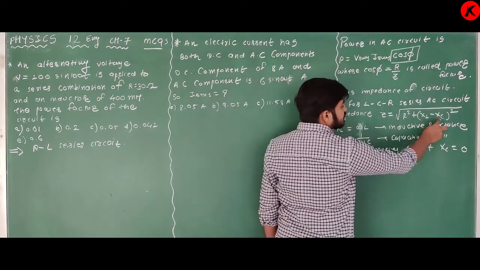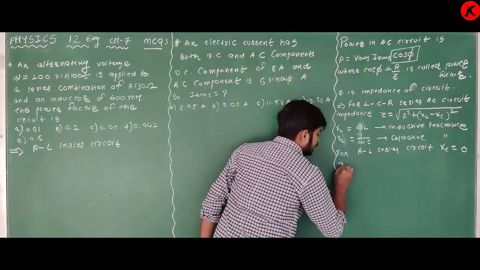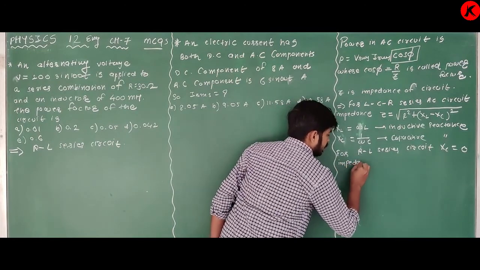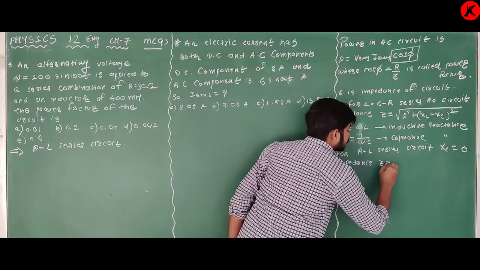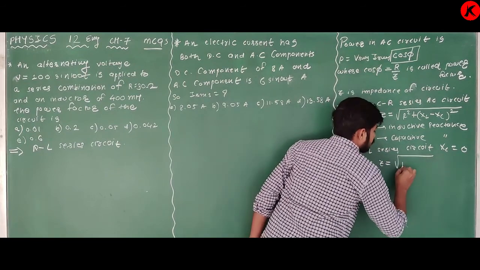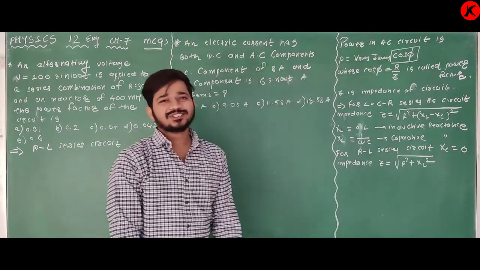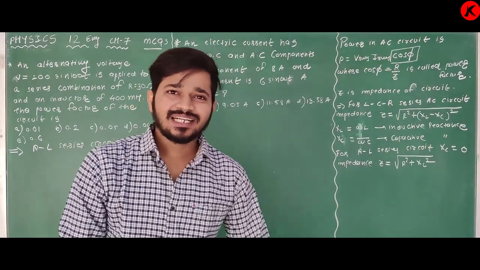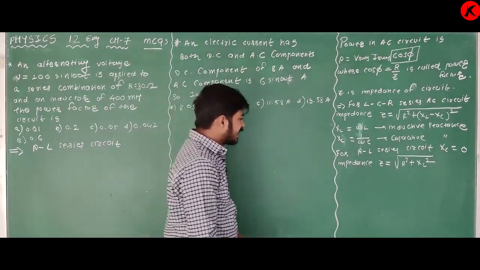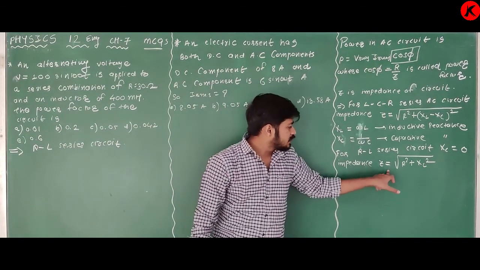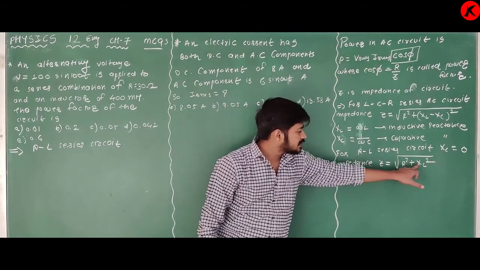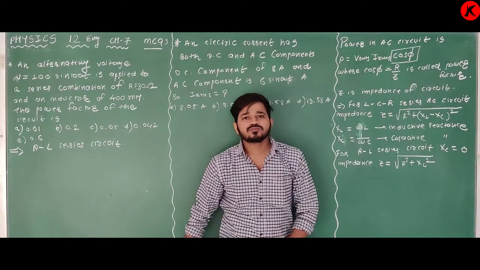And if you take XC is equal to 0, impedance Z is equal to only under root R square plus XL square. Yes or no? Yes, it is.